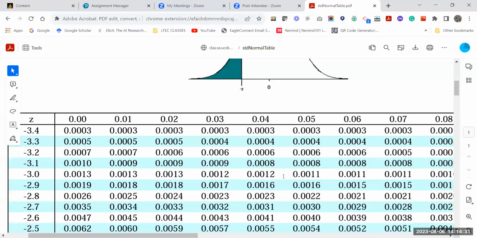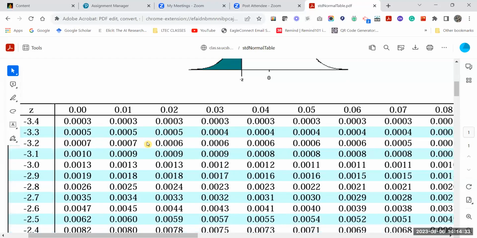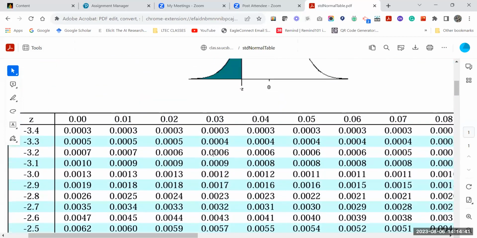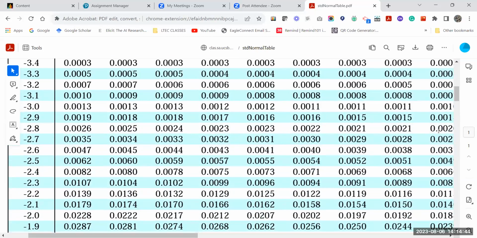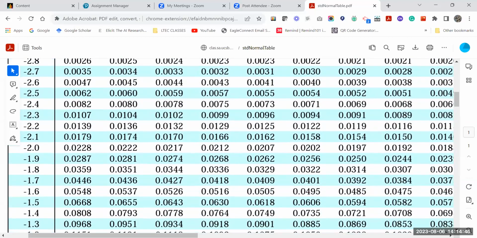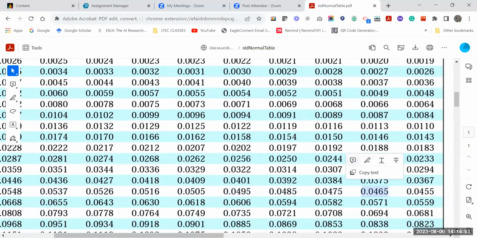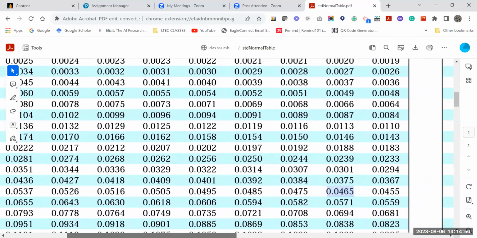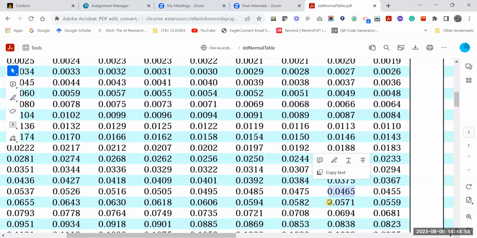Since that gave us a Z value, we go here on the left-hand side and look for negative 1.6 and go all the way to 8. 8 is always on this far side here. So this area here is 0.0465.